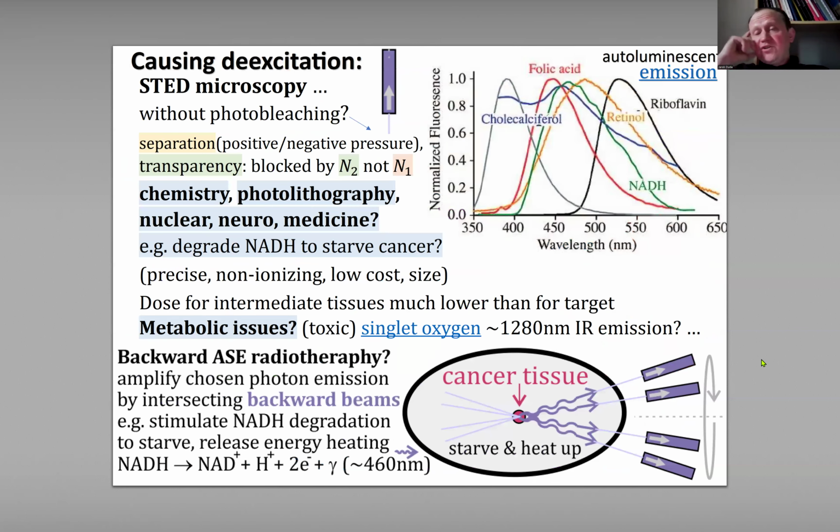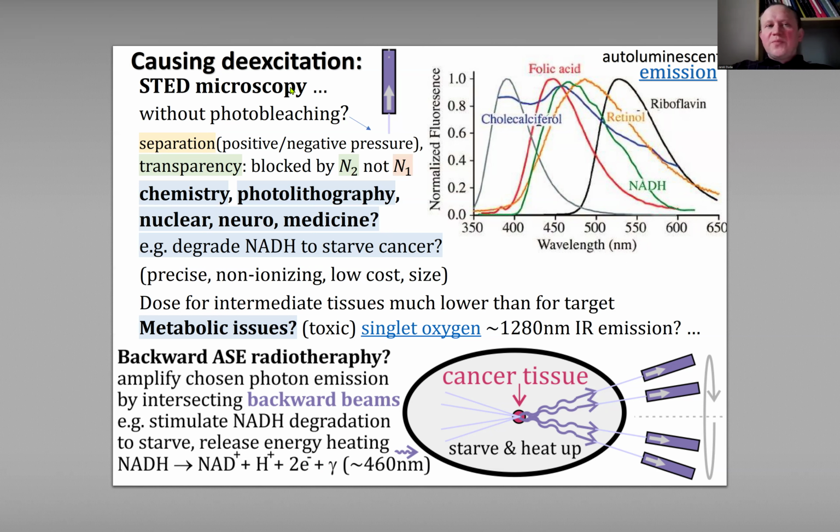Another application, related to the medical one, is just causing the excitation, pulling photons in a given direction. So there could be many applications. For example, in chemistry, to pull photons to speed up the excitation at a given frequency, like the STED microscopy mentioned at the beginning.